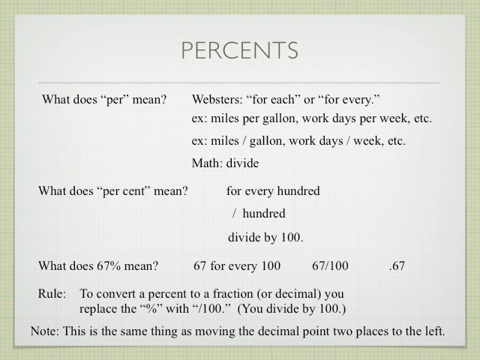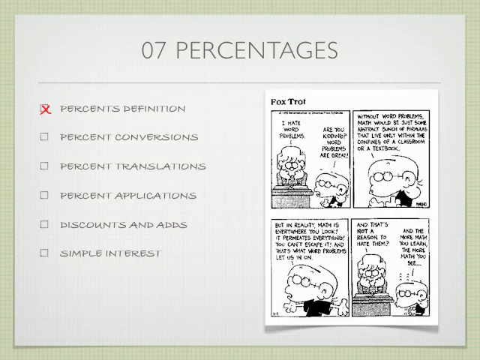For a decimal, this is the same thing as moving the decimal point 2 places to the left. The way I know to move to the left is that if I'm dividing by 100, I'm making my number smaller, so I have to move the decimal point to the left. So that's the definition. We'll do a few conversions.